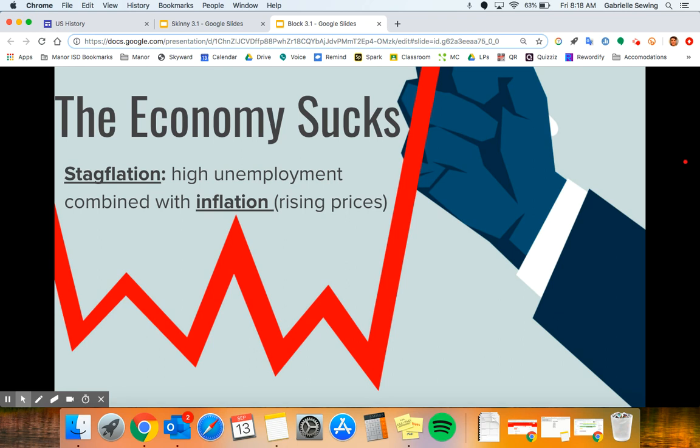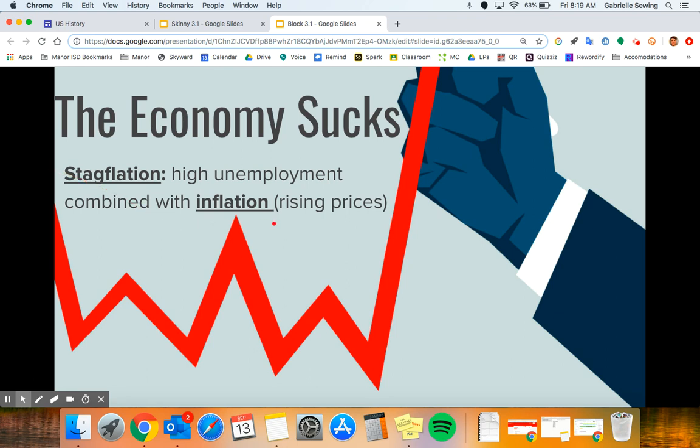This leads me to our second box, and that is right now, the economy is not in a good place. And the reason for that is a vocab word here in bold and underlined called stagflation. That's when two things get too high. When unemployment gets too high and when our prices get too high, we experience something called stagflation.